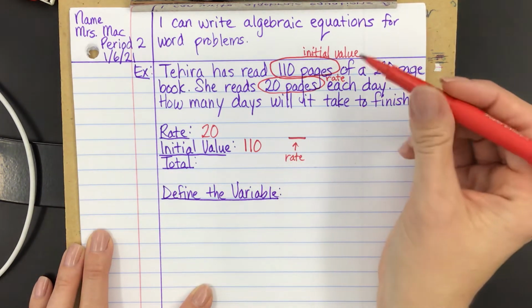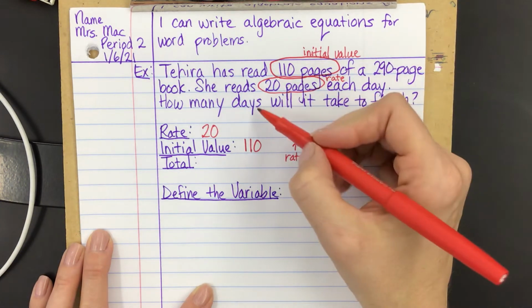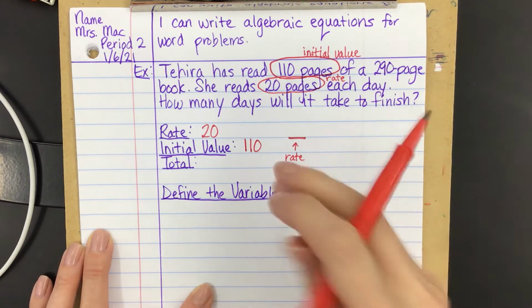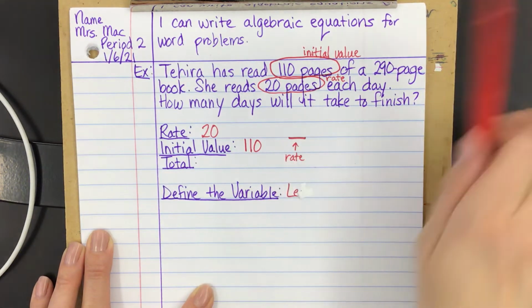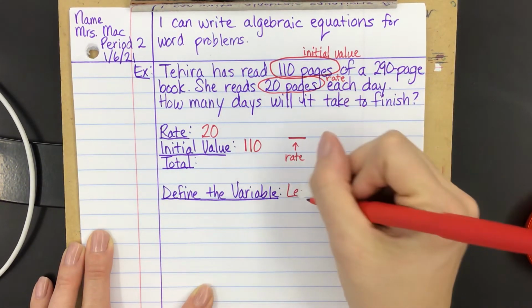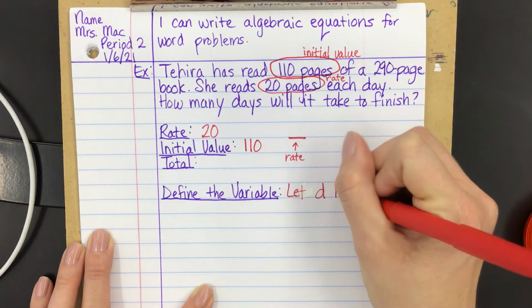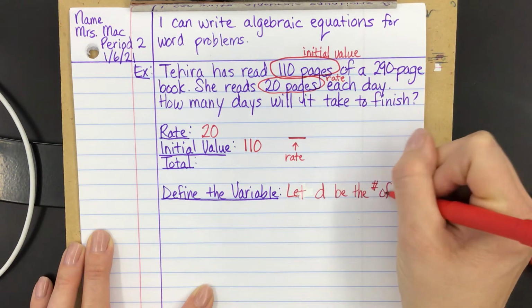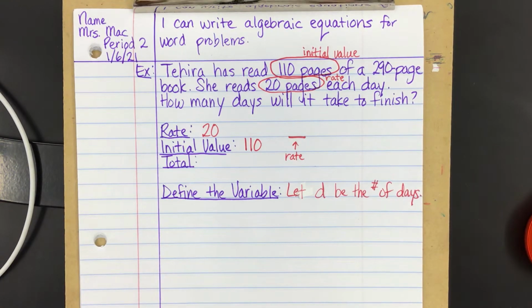So in this case, it says per day, how many days will it take to finish? So days is what we don't know. So we're gonna let D be the number of days. Okay, so when you're defining your variable, you just pick the variable that you want to represent your unknown.